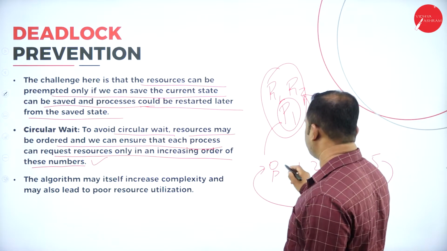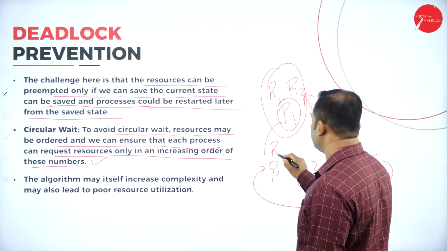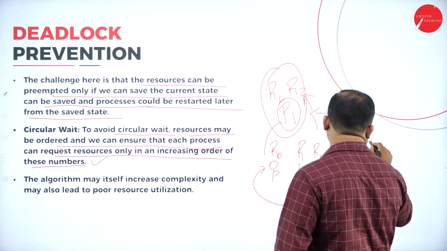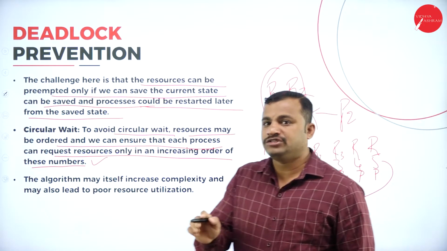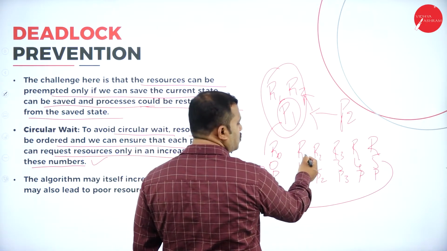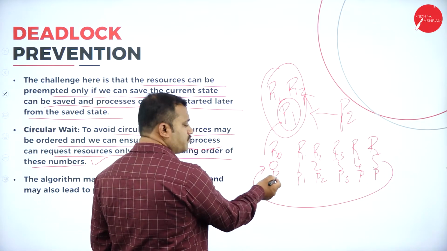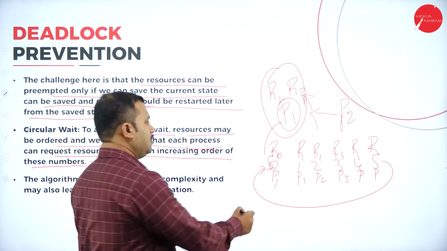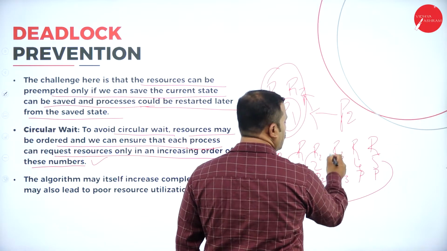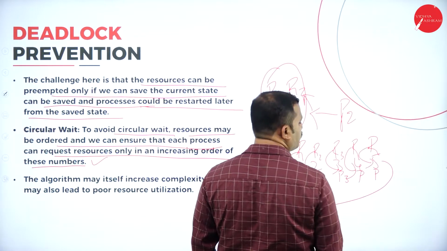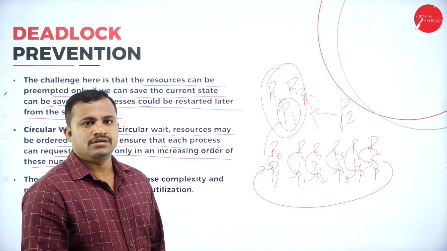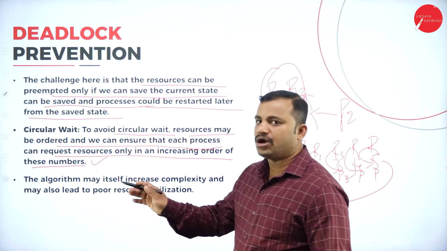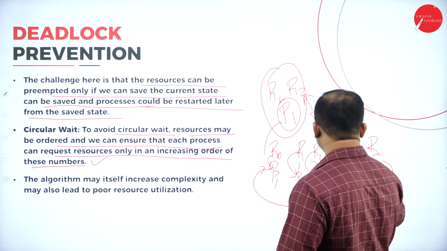The resources may be ordered and each process can request resources only in the increasing order of these numbers. So we have resources ordered as R0, R1, R2, R3, R4, R5. We can assign R0 to P0, R1 to P1, R2 to P2, R3 to P3, R4 to P4, R5 to P5, and so on. Otherwise it would give a condition of circular wait, from process P5 back to P0.